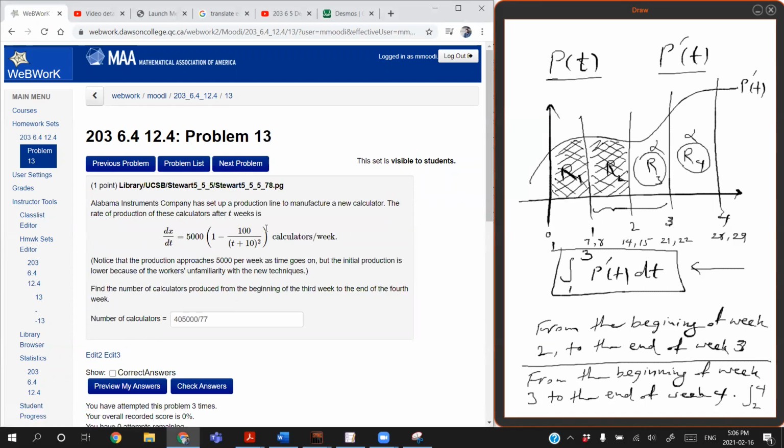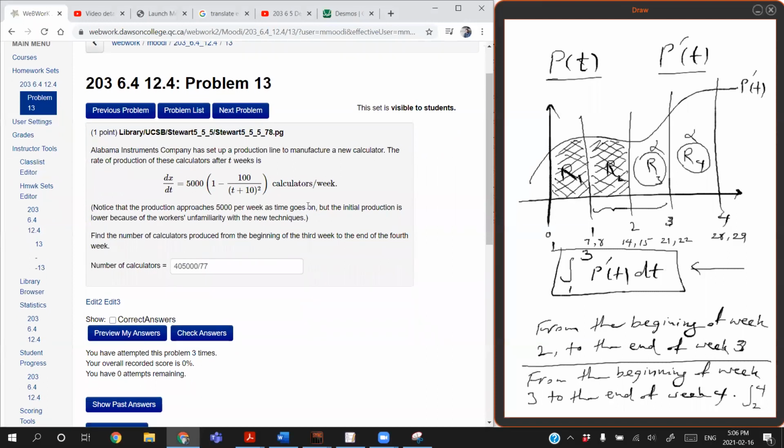So let's take a look at this one. For this one, it says, find the number of calculators produced from the beginning of the third week to the end of the fourth week. So this is exactly what I mentioned here. For this problem, you are trying to figure out the areas of region 3 and region 4.